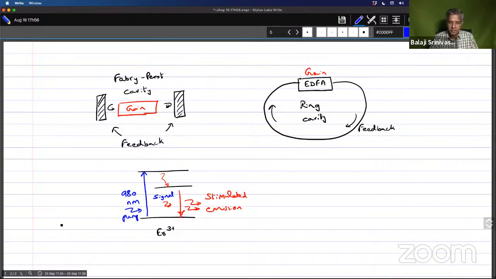I would say yes, of course, the signal photon would not be able to cause stimulated emission unless we have this inversion or these excited ions already in place, right? Without that, stimulated emission cannot happen.